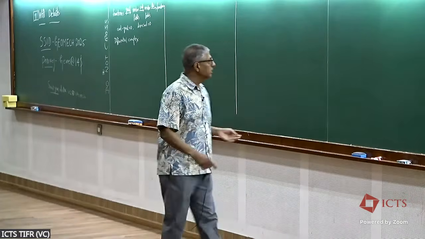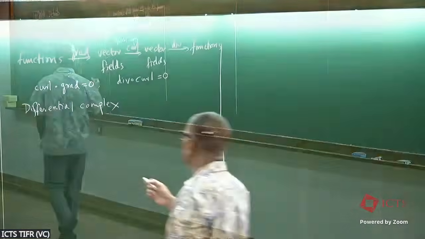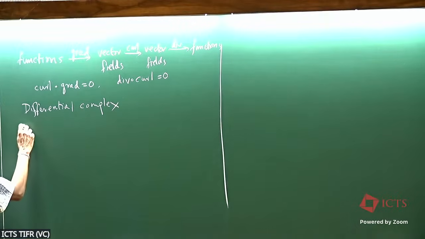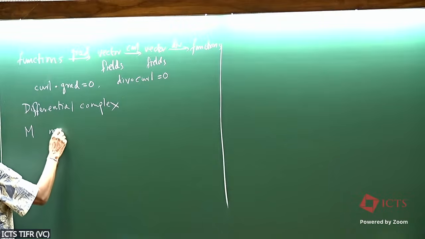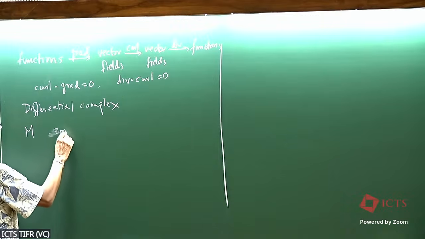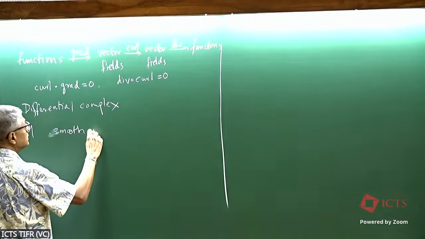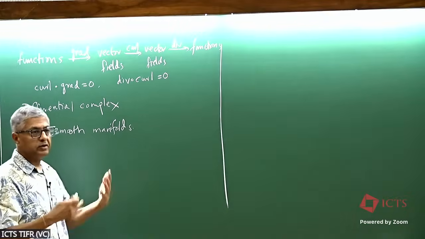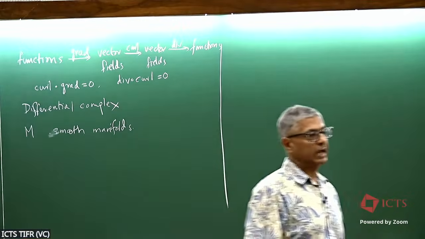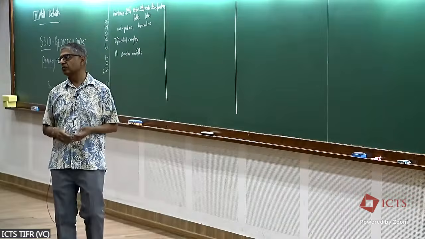For example, if I was to really do a whole thing from smooth exterior calculus, I would have to say, M is a smooth manifold, what does that mean? Of course there are intuitive pictures that you should have in mind. Just think of a smooth surface, for example.